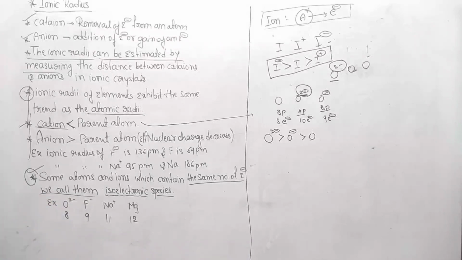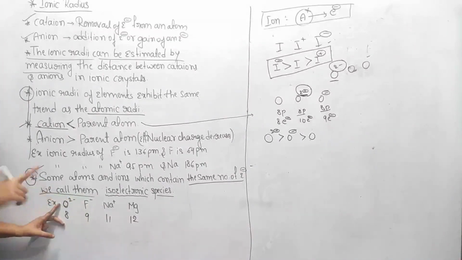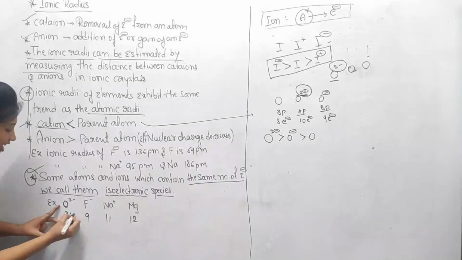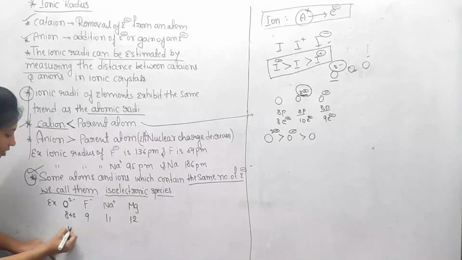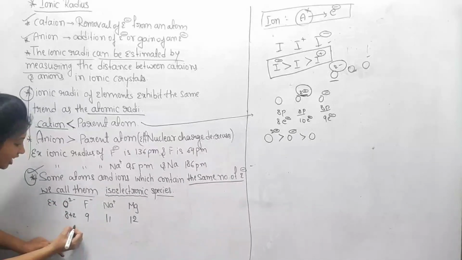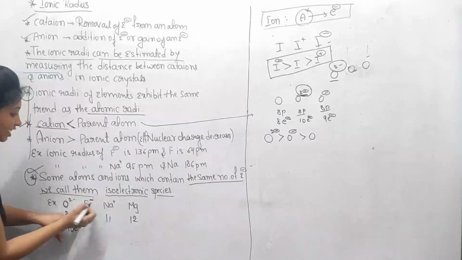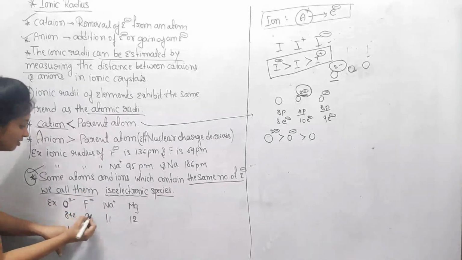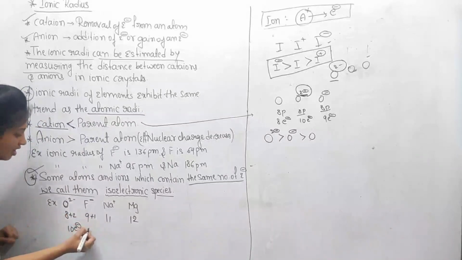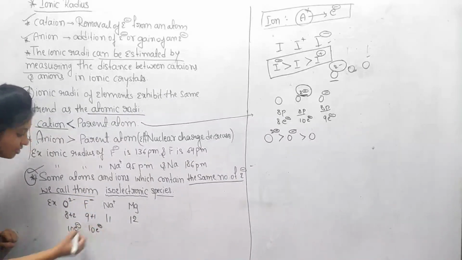And next, O2 minus means we are adding 2 electrons. Then how many electrons are in this ion? 10 electrons. And here we have 1 negative charge, meaning we add 1 electron. How many electrons are present there? F minus, 10 electrons.